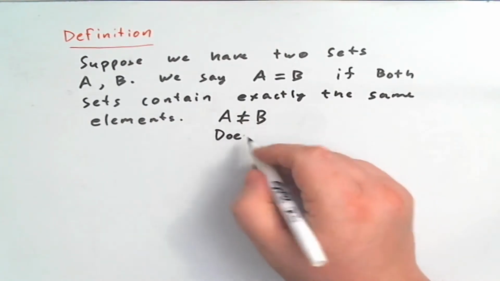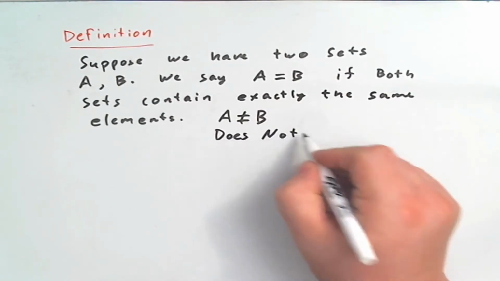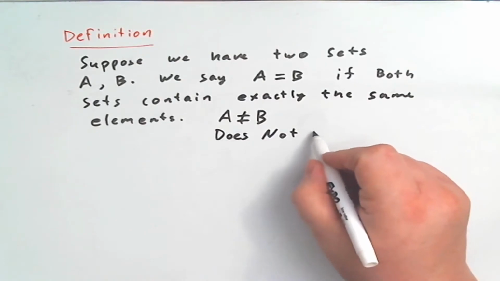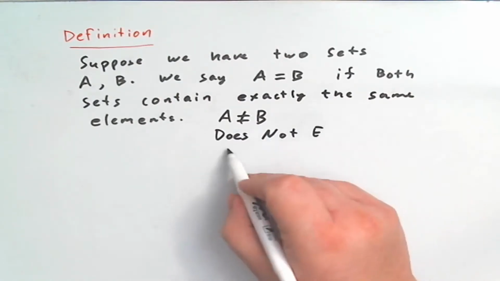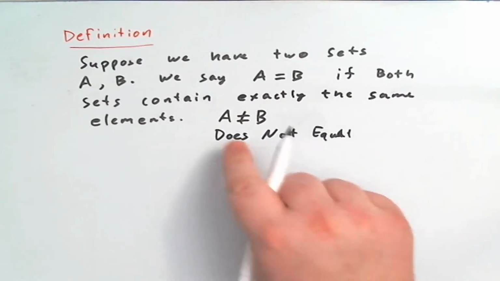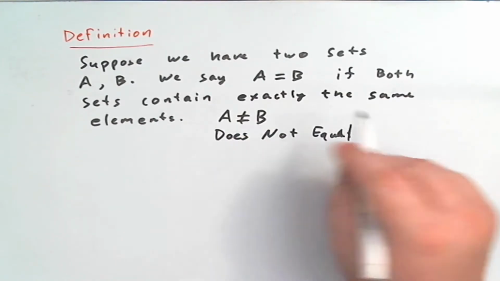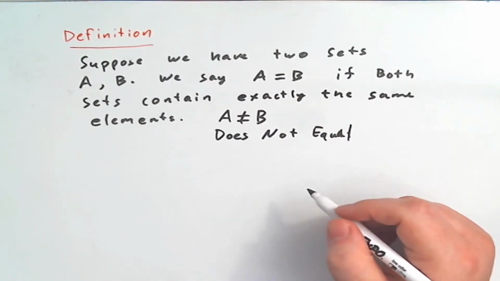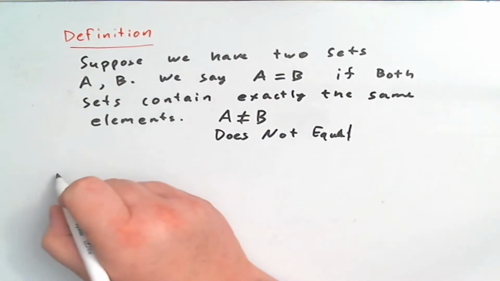So we also denote if two sets are not equal by using this notation. We say A does not equal B. So that's the notation. This is the notation for A is equal to B. This is the notation for A does not equal B. Okay? So let's take a look at some examples.